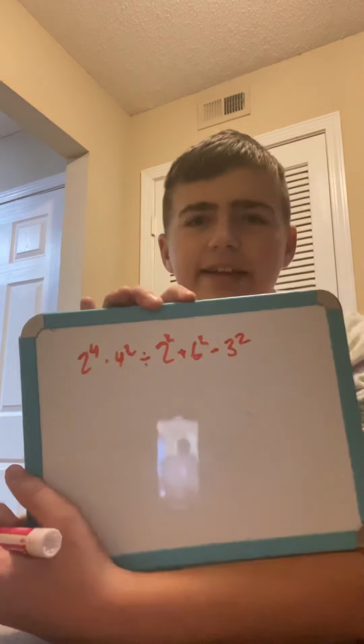Let's do 2 to the 4th times 4 to the 2nd, divided by 2 squared, plus 6 squared, minus 3 squared. We have this big old problem right here.